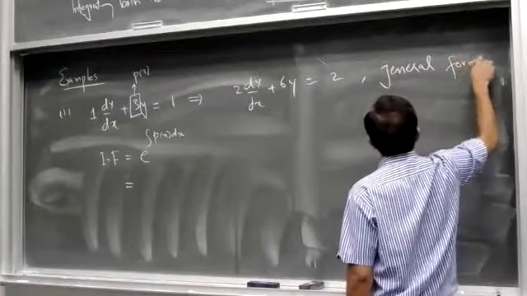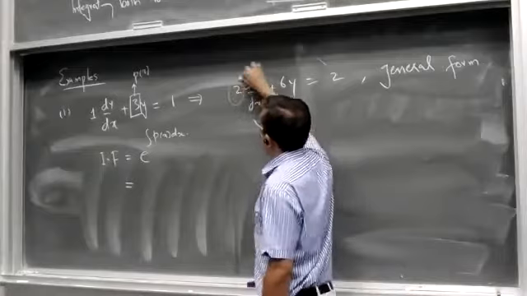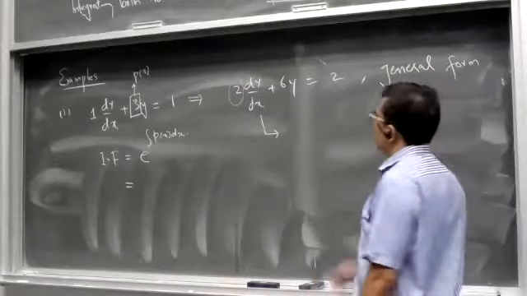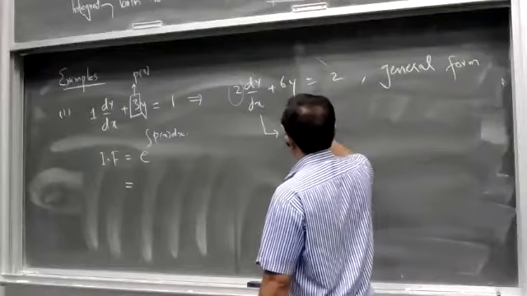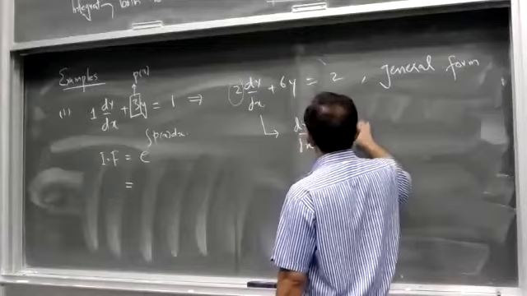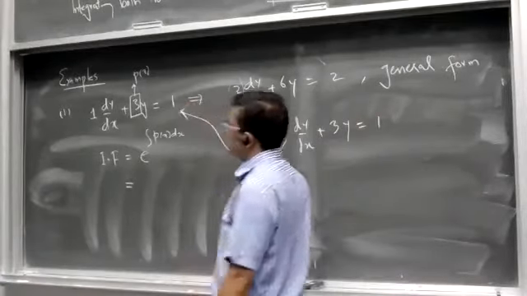First we have to convert it into standard form by dividing by the coefficient of dy by dx on both sides of this equation. So we get dy by dx plus 6 by 2, which is 3y, and 2 by 2 is 1. We obtain this equation, okay?